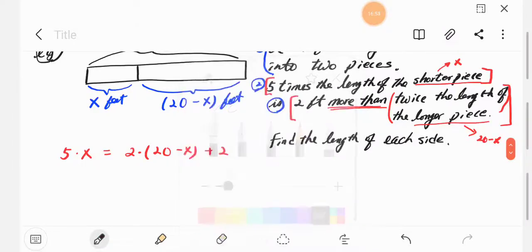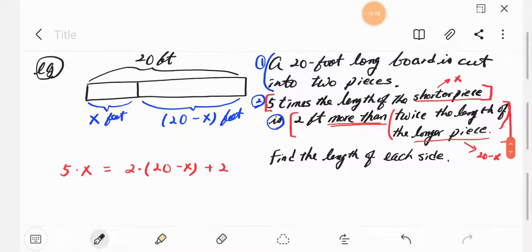So let's solve this equation. Can you see how we set up the equation? From the first sentence, the shorter piece plus the larger piece is 20 feet. If the length of the shorter piece is x, then the larger piece is 20 minus x.